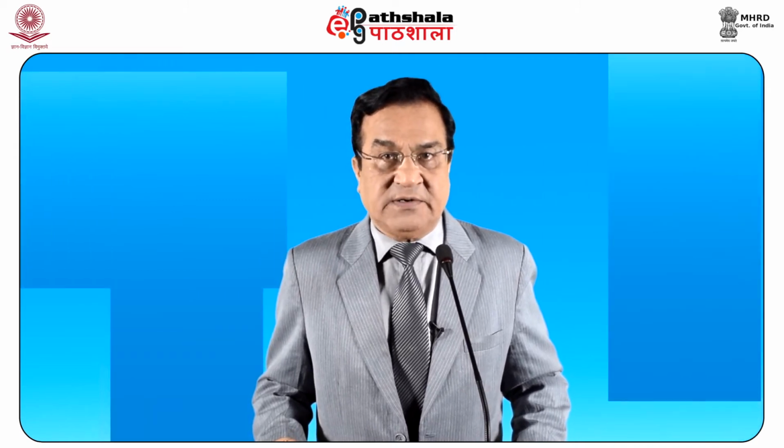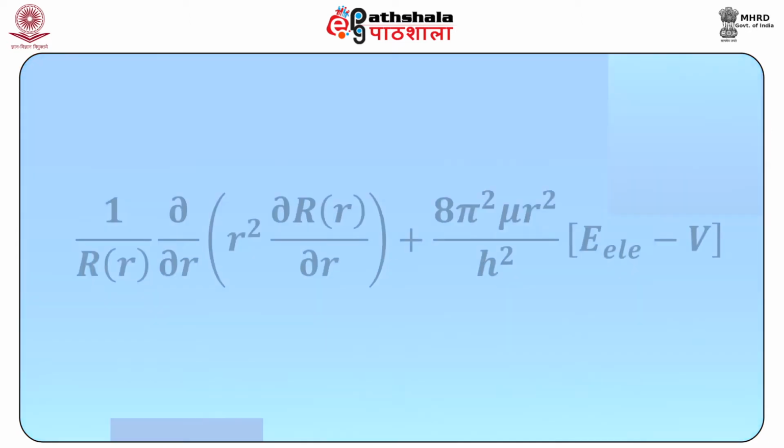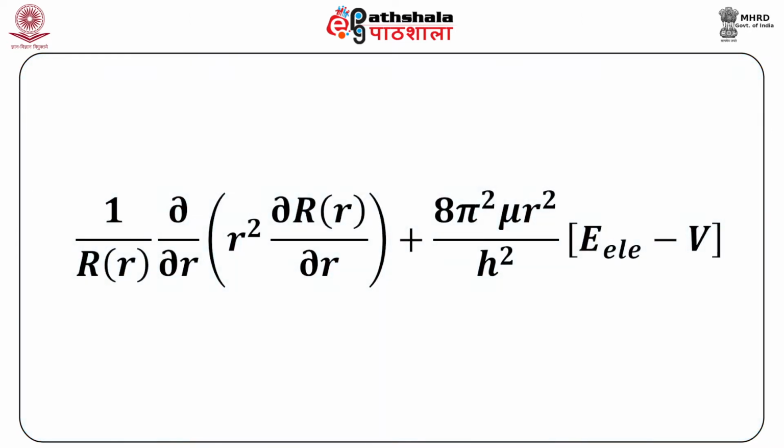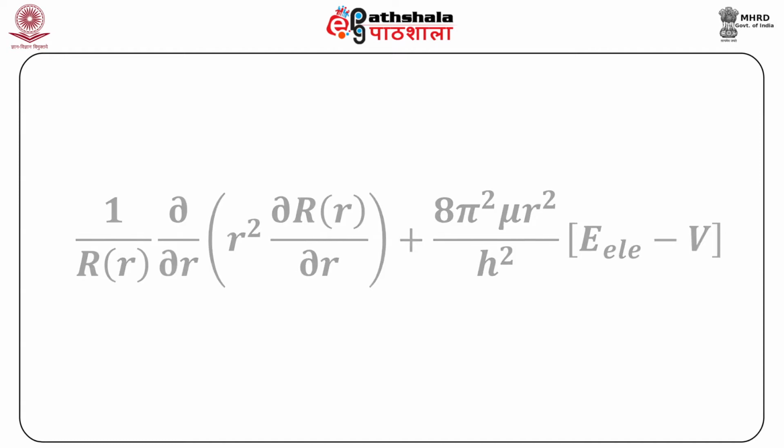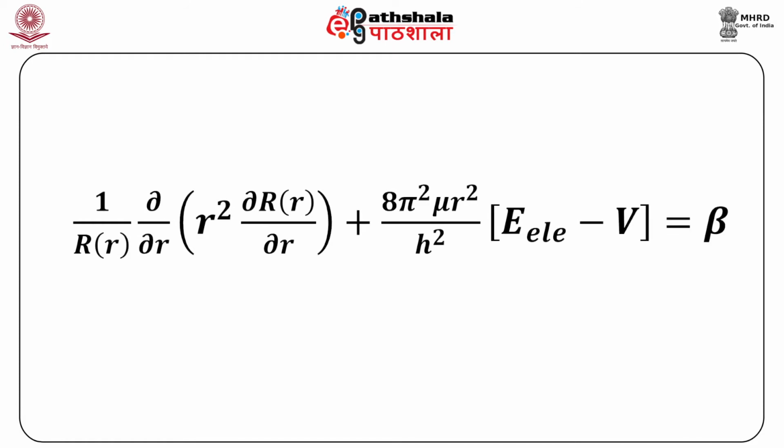Let's start in the following way. The radial part of the equation, as you can see here, we make the substitution that this part is equal to beta, and therefore this equation will be called R equation or radial equation.